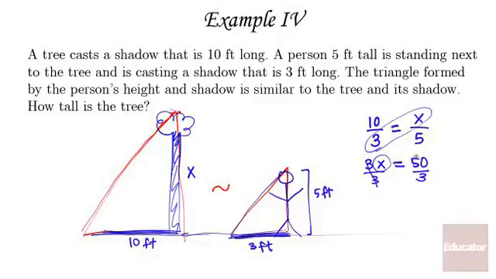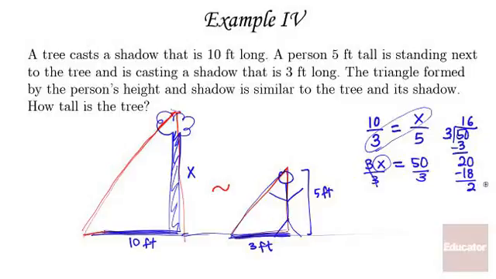If I want to find this, I have to do that. Make sure this top number goes inside. 3 goes into 5 one time. 3. If I subtract it, I get 2. 0. 3 goes into 20 6 times, which is 18.